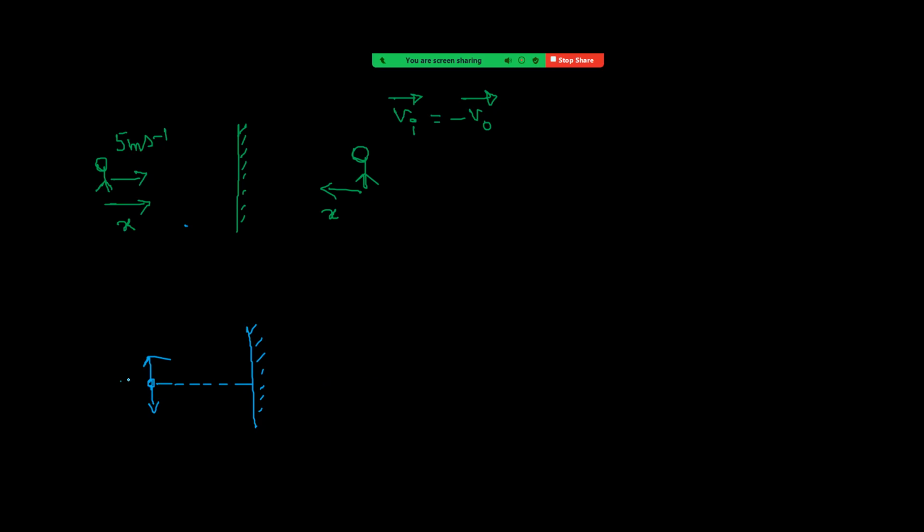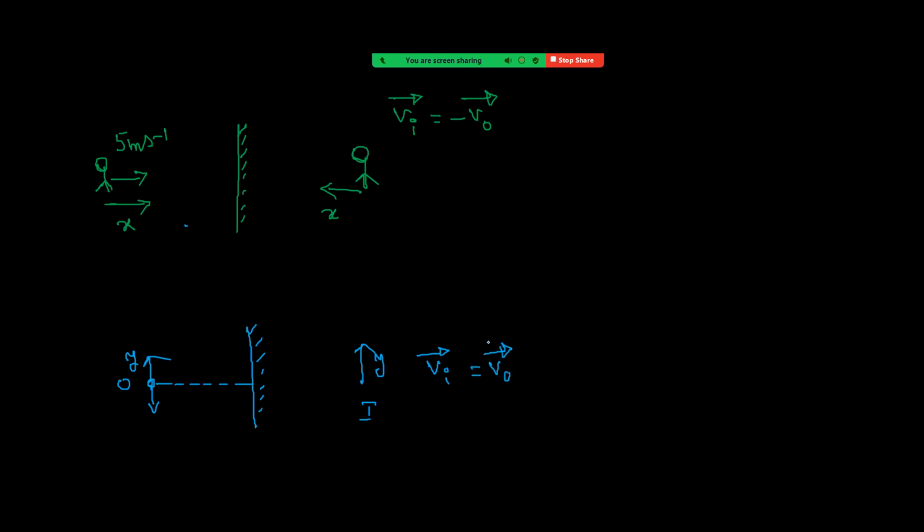Therefore, the distance of the image also does not change. If the person moves, let us say, y distance like this, then the image also moves y distance like this. That means if the object moves parallel to the mirror, then image velocity will be equal to object velocity.